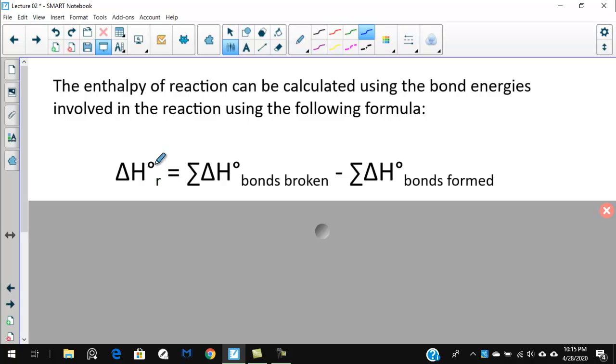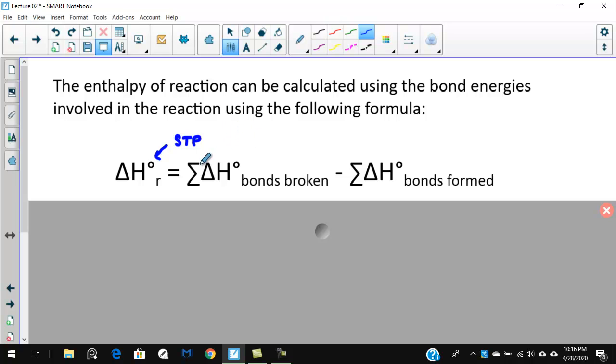The little knot symbol there means that we're considering this reaction happening at standard temperature and pressure conditions. Whenever we look up data to calculate these bonds, we're going to look up that data at standard temperature and pressure. So when you're working at that temperature and pressure, you can put this little knot symbol here. If you don't know what temperature and pressure you're working at, then leave that knot off. Whatever you calculate is for those reaction conditions, not necessarily at standard pressure.